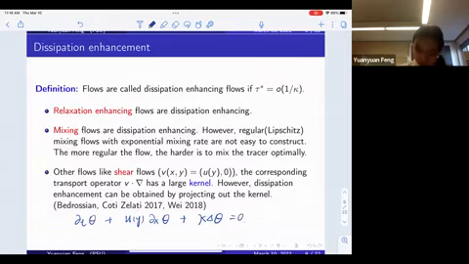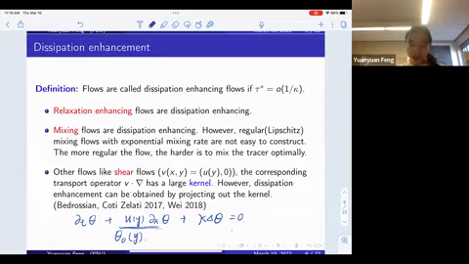If the initial data only depends on y, then you can see the flow makes no effect on the diffusion process. That means this initial data lies in the kernel of the shear flow, so it will not enhance the dissipation for all the initial data. But by projecting out the kernel, we can still prove a dissipation enhancement result.